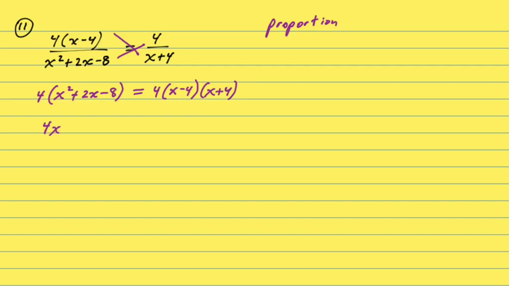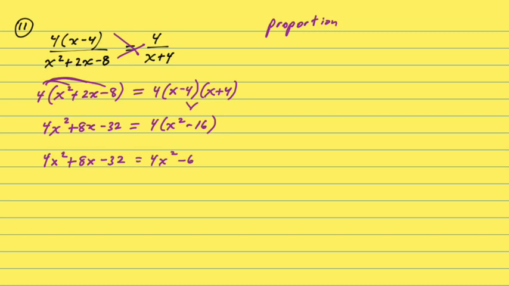This gives me 4x squared plus 8x minus 32 when I distribute. This would be 4 times x squared minus 16 because these are the difference of squares. So I have 4x squared plus 8x minus 32 equaling 4x squared minus 64 if I distributed.